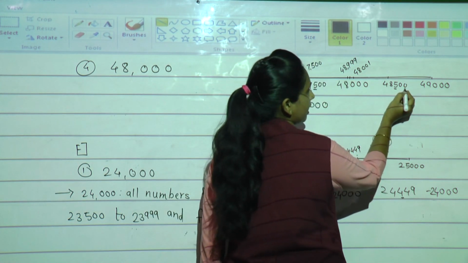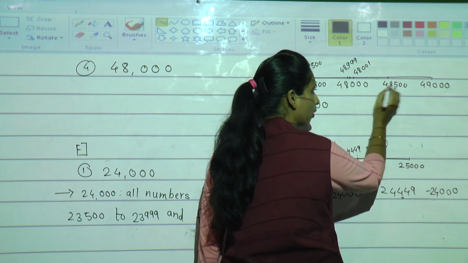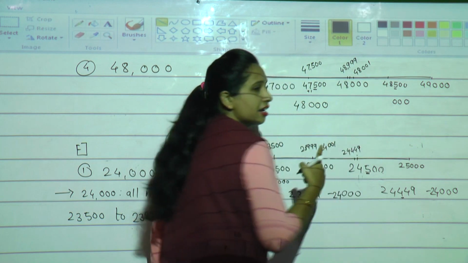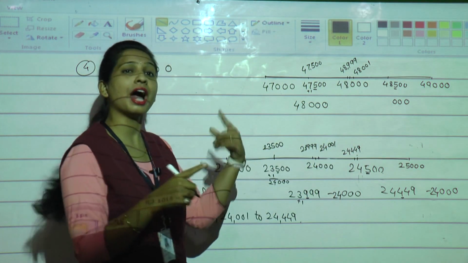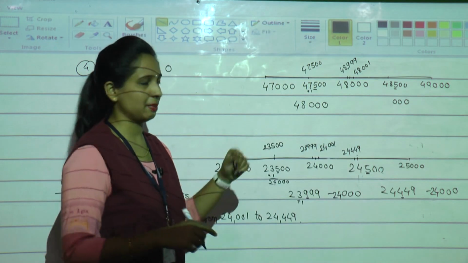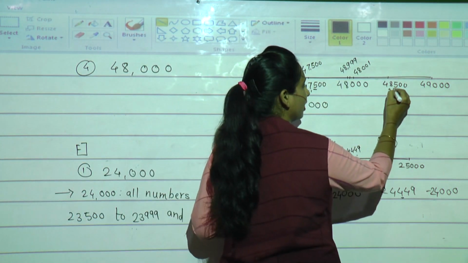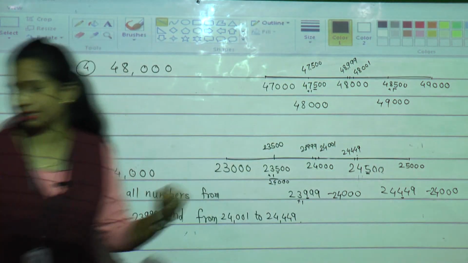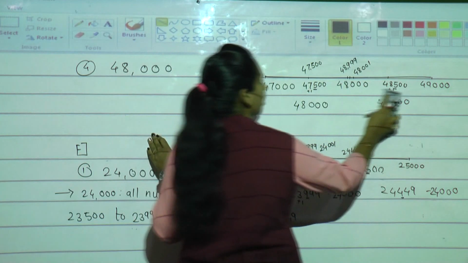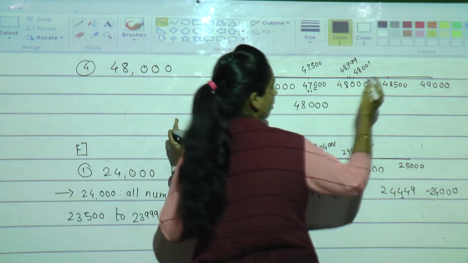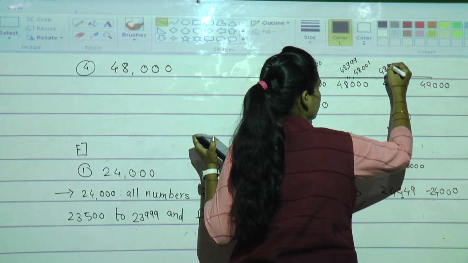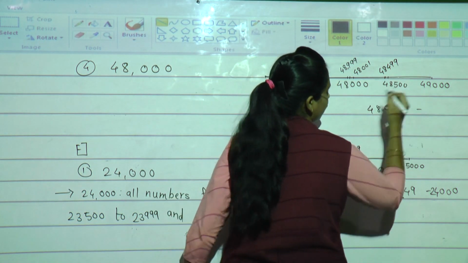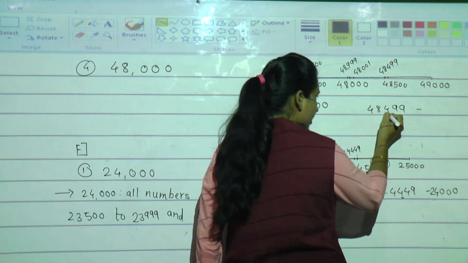Till where can we take? See, it is 5. If we find the rounding of this number, what will happen? Place zeros at the ones, tens and hundreds places. If it is 5 or more than 5, we have to add 1 to the thousands place. But if I add 1 here, we get 9. So it goes to 49,000. So we cannot take this. So just find the number just before this number. What will come? 48,499. Let us check. Underline the hundreds place.